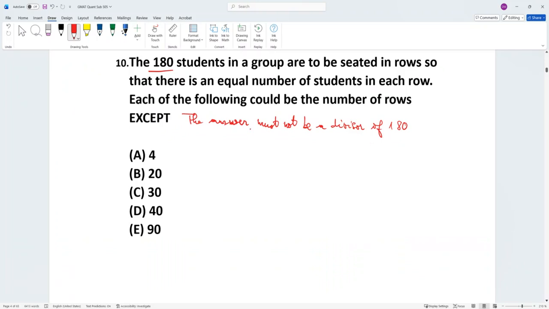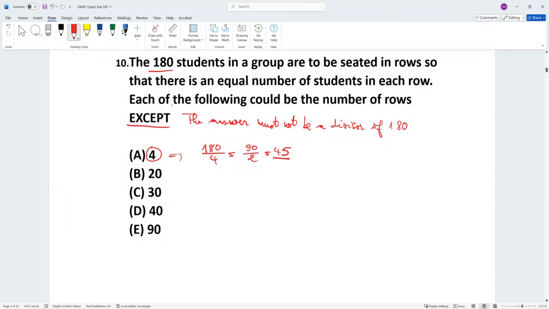Let's take, for example, 4 here. 180 divided by 4 is actually 90 over 2, which is equal to 45. So that means that if we have 4 rows, we can have 45 students per row.